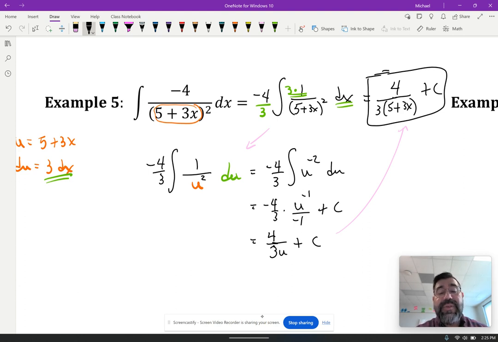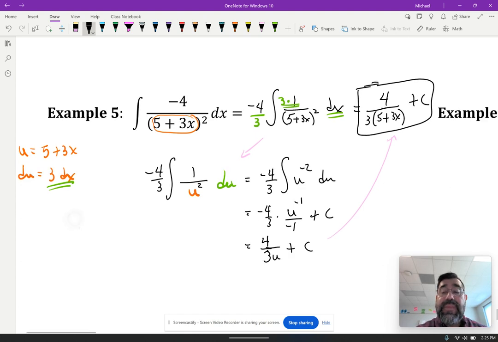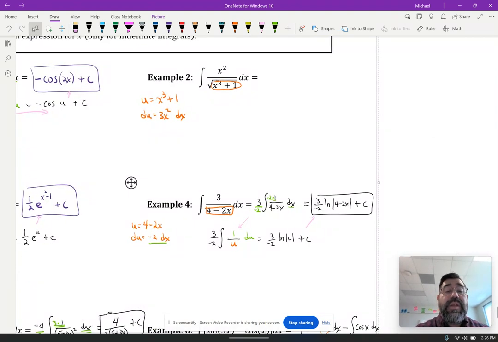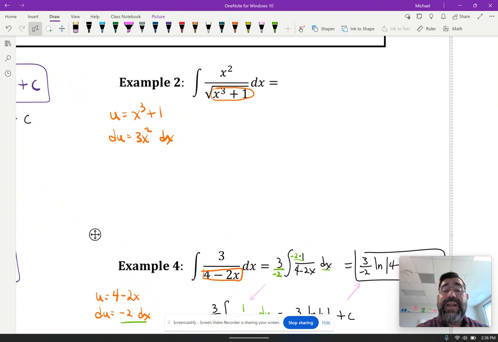You still need to take the antiderivative. And then if you're doing an indefinite integral with no limits of integration, we need to put it back in terms of x. We're going to do one more, and then we'll pause here. And we'll wait till the next video to see what happens when we do have definite integrals.